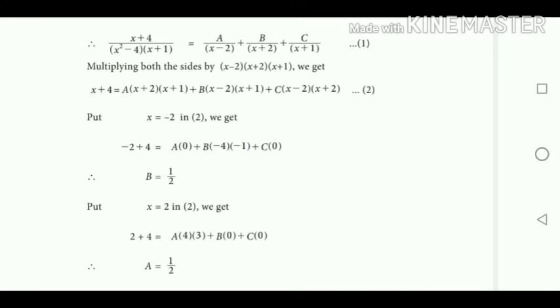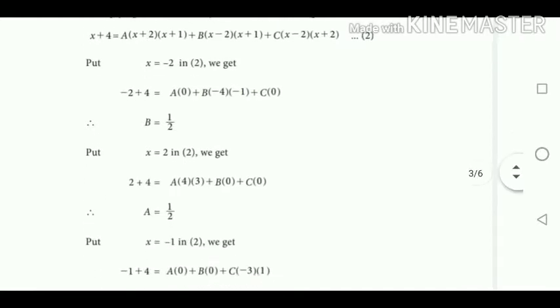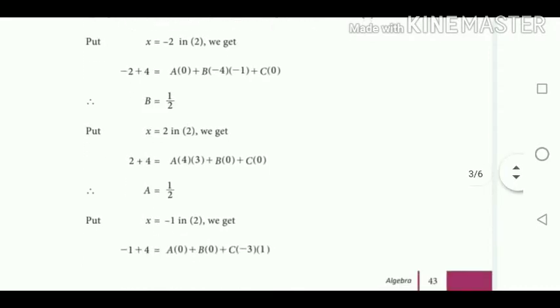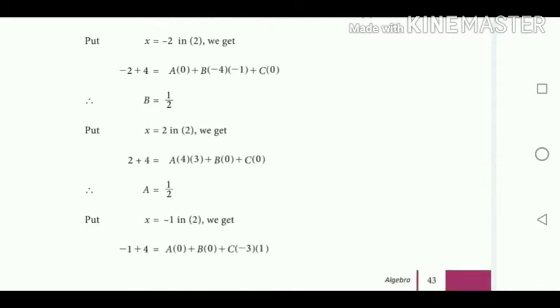So if you put plus 2, 2 minus 2 becomes 0, as well as in the case of b also 2 minus 2 becomes 0. So we are getting the value of a equal to 1 by 2. So we get the values a as well as b here. Now the third factor x plus 1 is there, so you have to put x equal to minus 1 in order to get the value c.